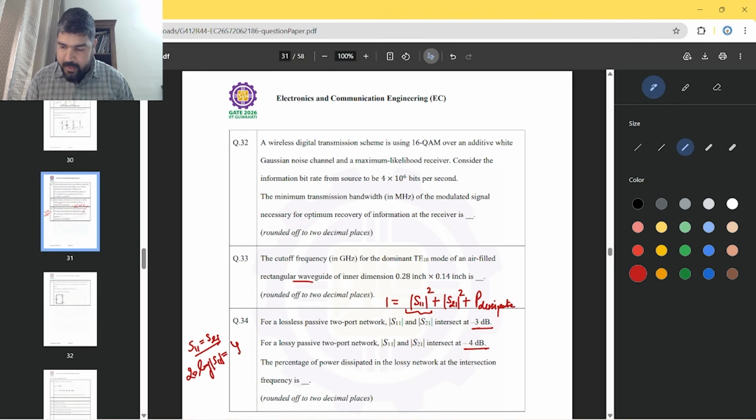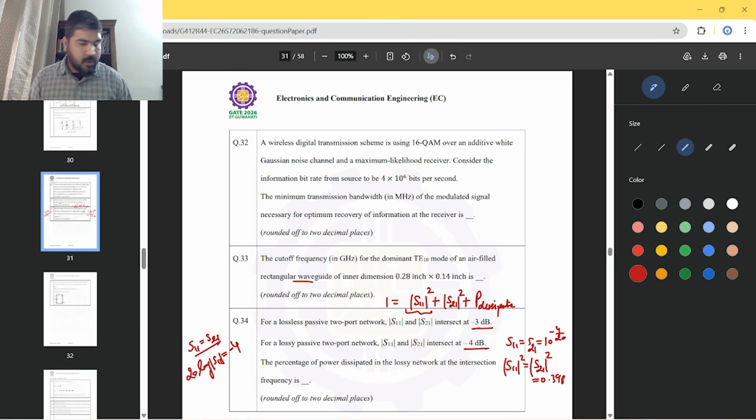S11 equal to S21 comes out to be 10 raised to the power minus 4 by 20, since it is given as minus 4. If you take the square of this, then |S11|² equal to |S21|² comes out to be 0.398.